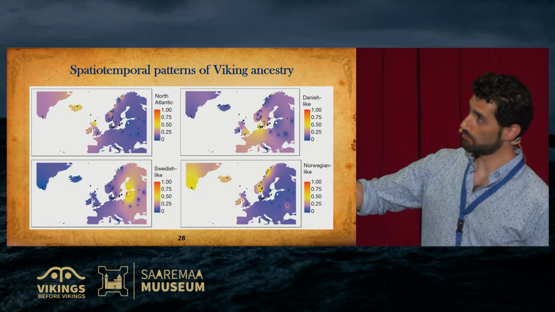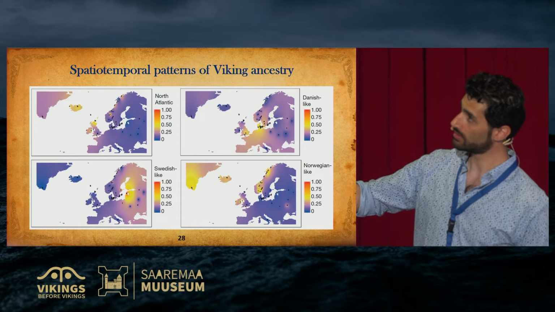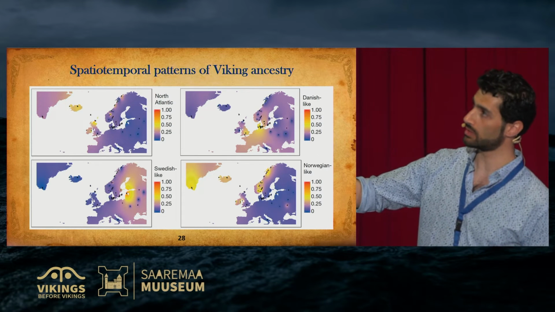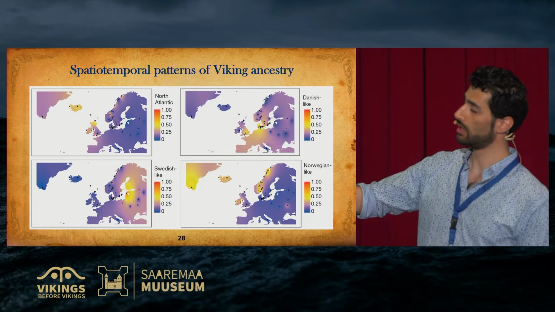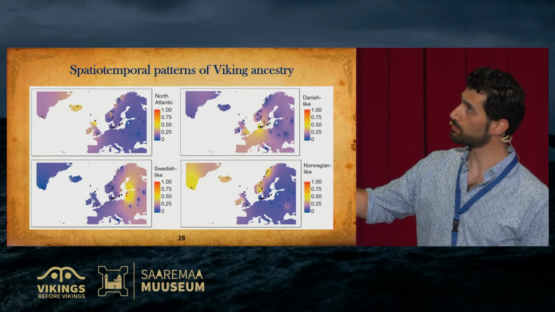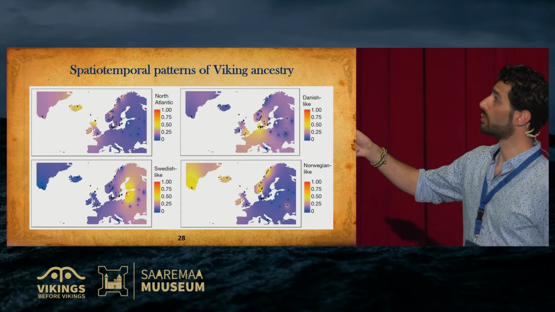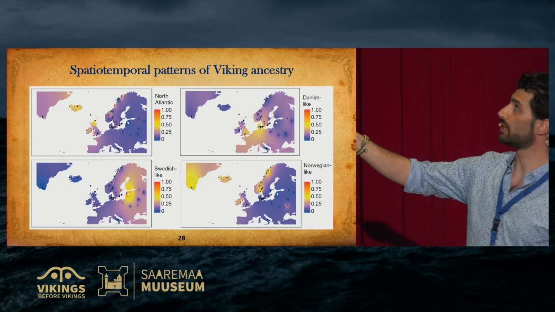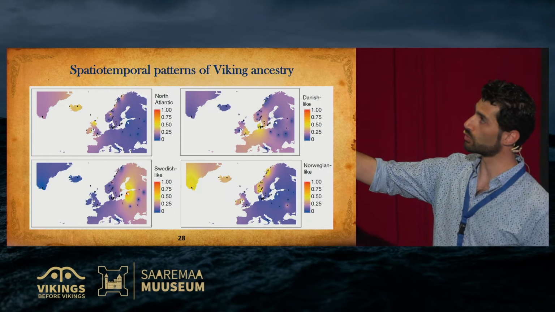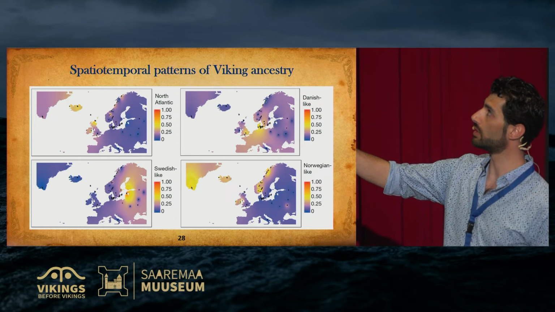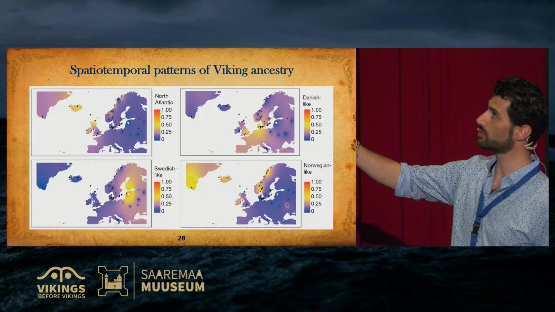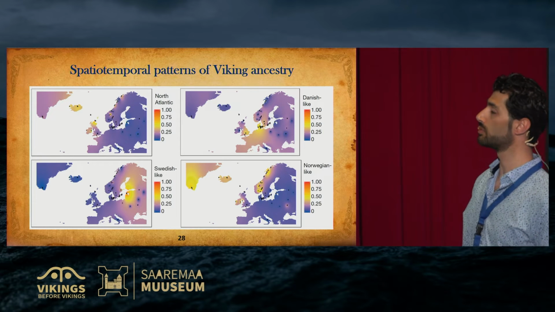And it was mostly in Britain, not very surprising, but also in Iceland and slightly in Greenland, but also in Norway. Here we ask where is the most Danish genetic ancestry, and of course it's in Denmark, but also in UK and a bit in Scandinavia as well, but not in Greenland, for example.